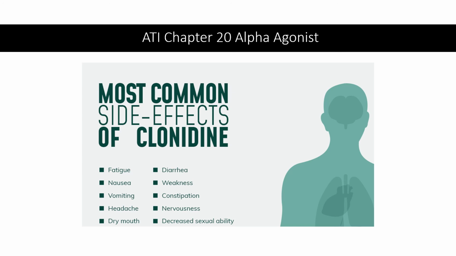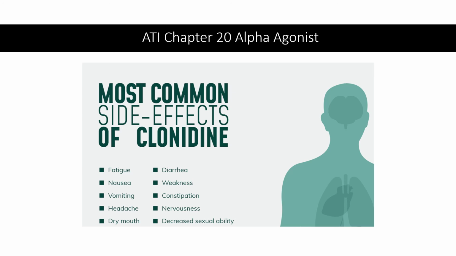We're going to talk a bit about alpha 2 agonists. And clonidine, and there's another one called methyldopa. They're very old drugs. Still see them on ATI and NCLEX. So I think for that reason you do have to know a bit about them.